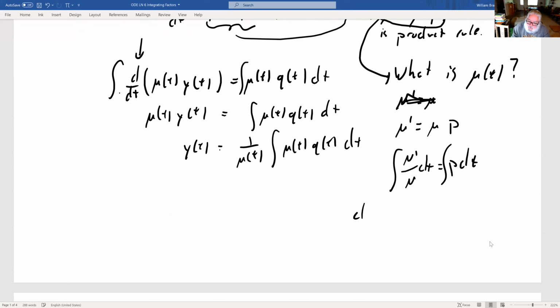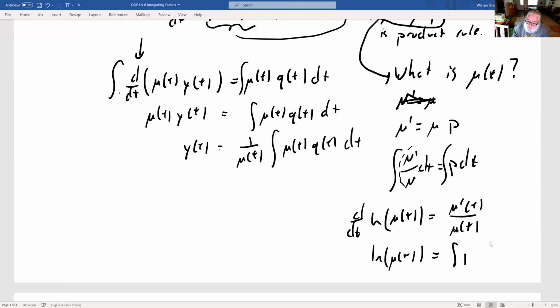Remember that the derivative of the natural logarithm of a function is the derivative of the function divided by the function itself. So when I integrate this side here, all I get is log of mu of t equals integral of p dt. And since I'm running out of space, we'll finish this over here.